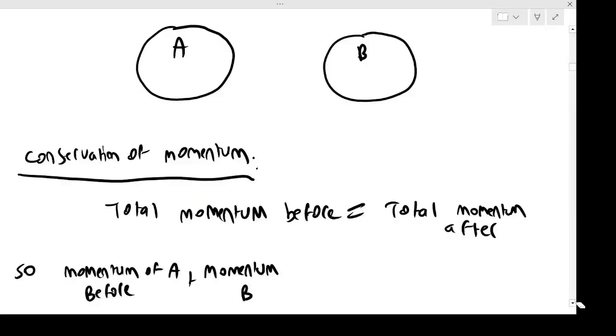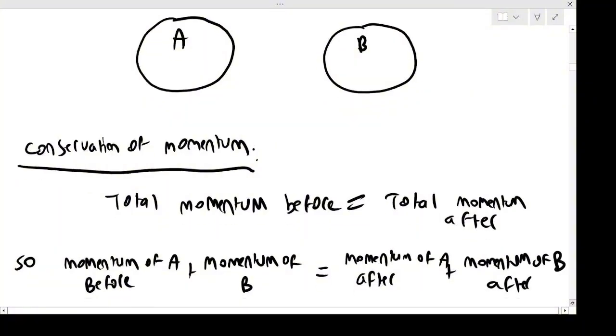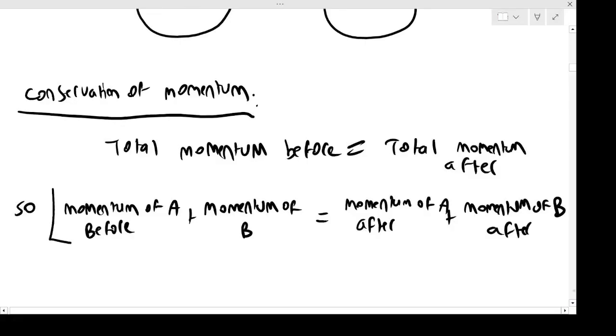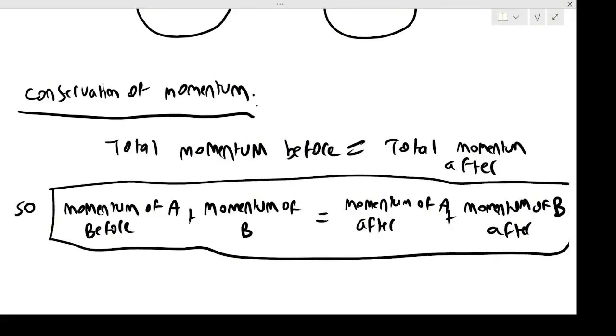That's going to equal the after momentum, so the momentum of A after and the momentum of B after. And that's what we'll be applying. Hopefully you would have dealt with this in chapter 1, but we'll be applying this as well.